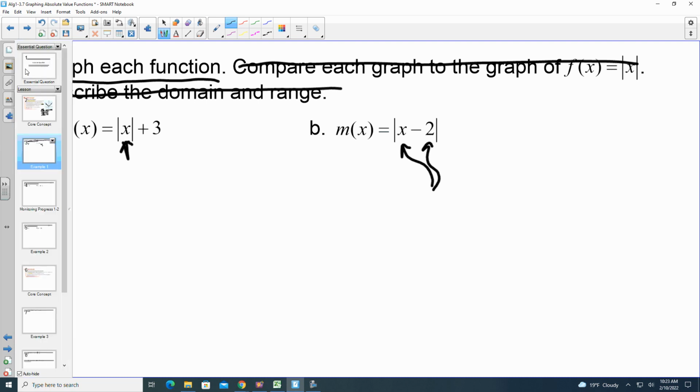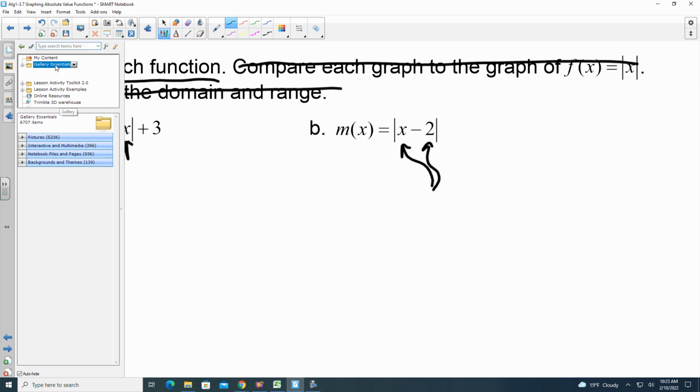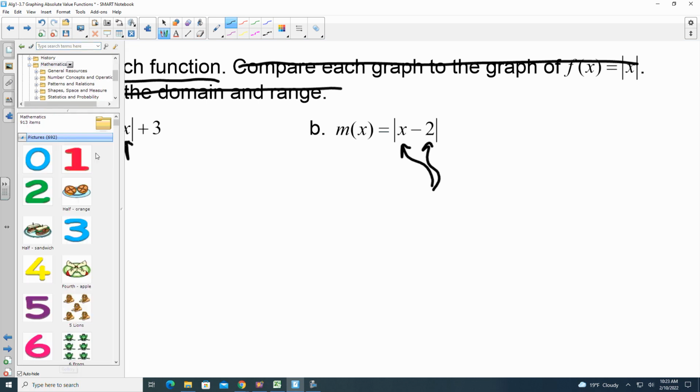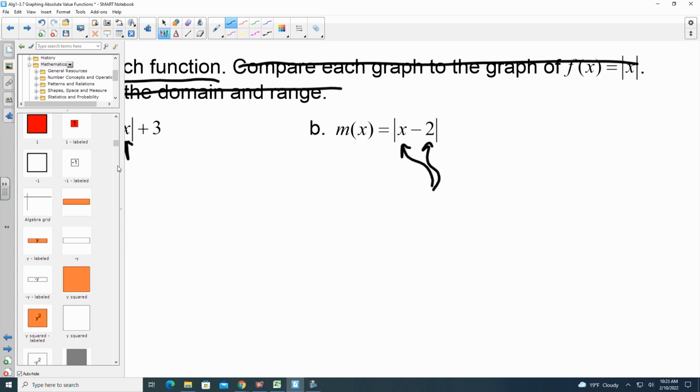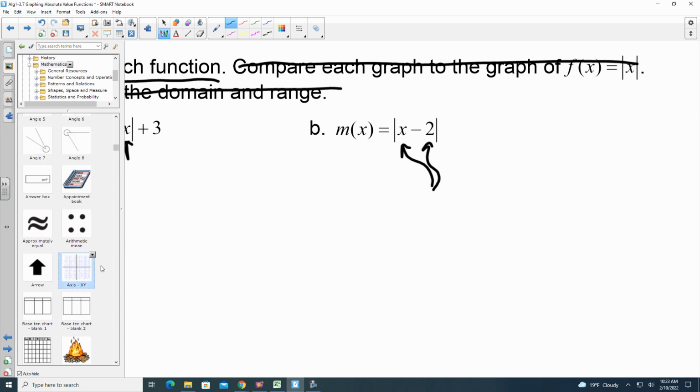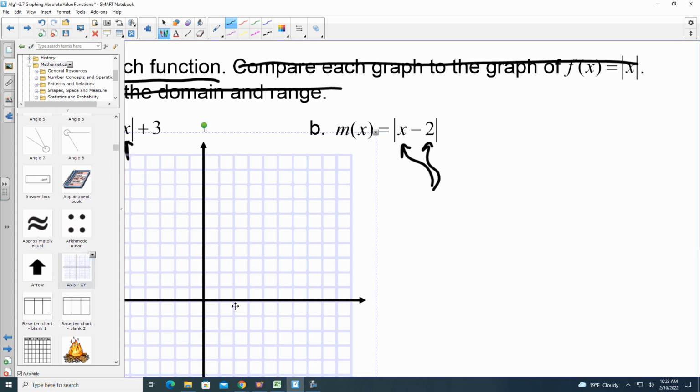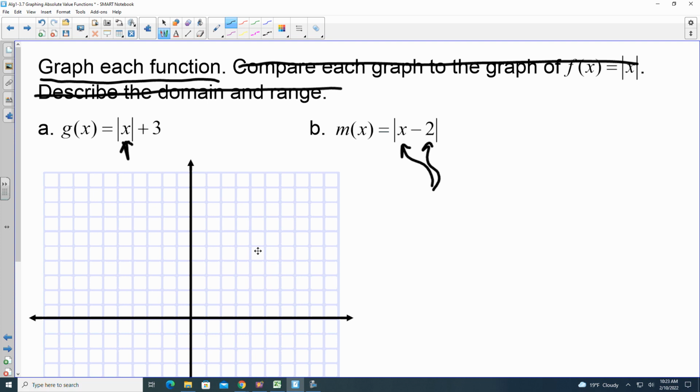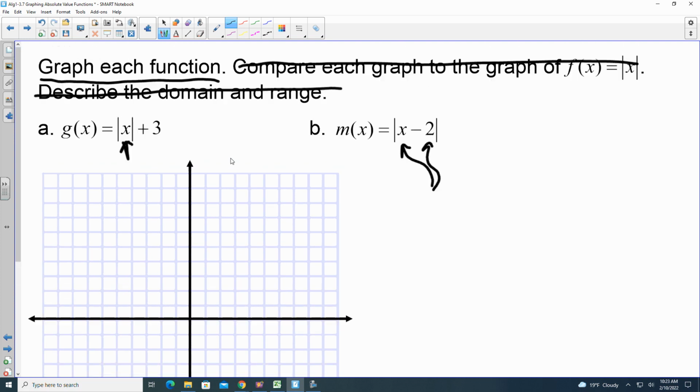So if we were to make a table, I have my table here, and I'm going to plot points for this particular example.